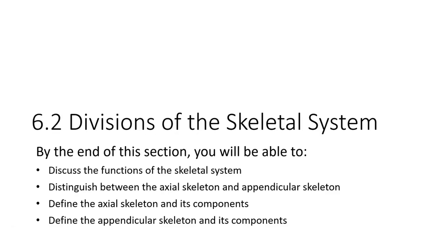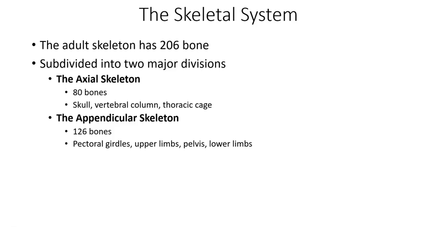Alright, so divisions of the skeletal system. We're going to go over some different functions and differences between the different parts of the skeletal system. So again, our skeleton as an adult has about 206 bones. We have two major divisions, the axial skeleton and then the appendicular skeleton.